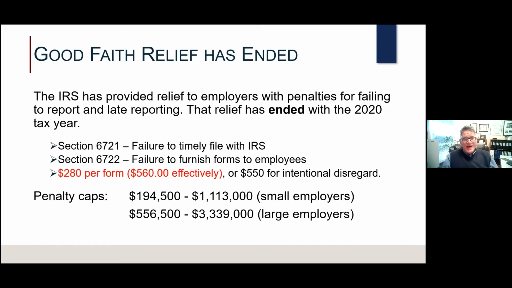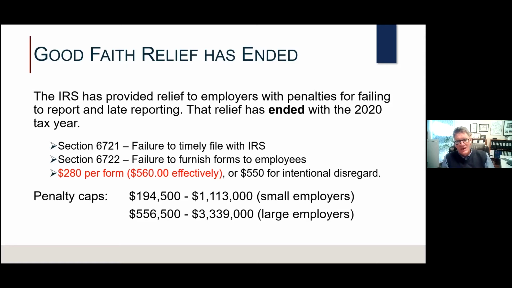On top of that bad news, there's further bad news on enforcement. Up until now, the IRS has provided good faith relief to employers who make a reasonable effort to comply with the obligations. If you fail to meet your ACA obligations, if you were able to at least demonstrate a good faith effort to attempt to be in compliance, you largely were given relief from many of the penalties.